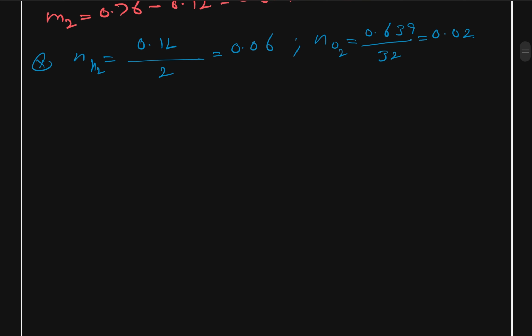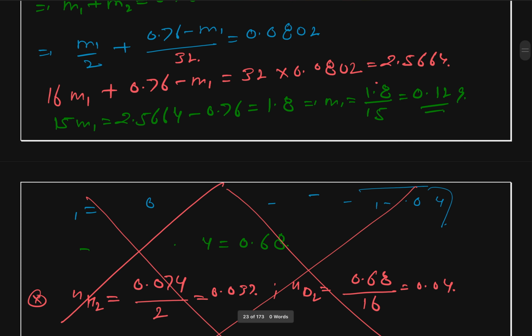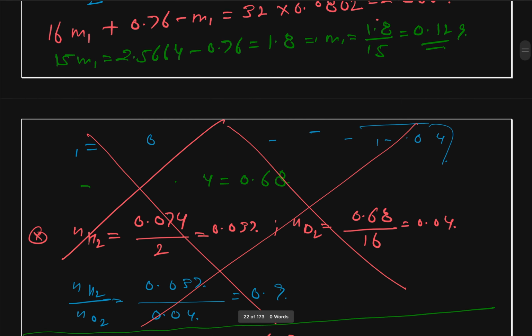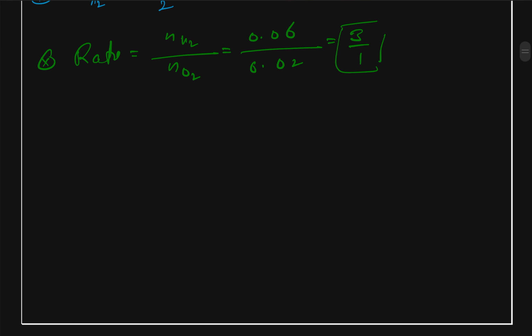Now the ratio is correct. Ratio of number of moles hydrogen to oxygen is equal to 0.06 and 0.02. This comes as 3 by 1. So option B is correct. I'm sorry for that, I missed it up. Next question.